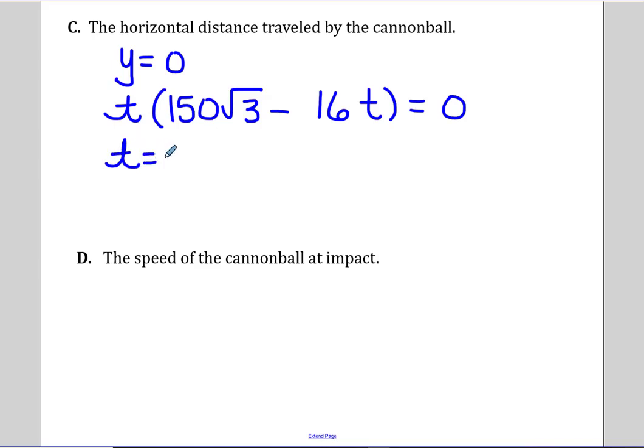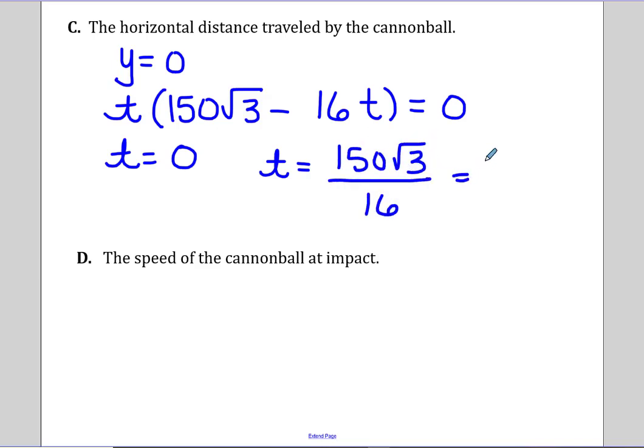So we would have time is 0 at 0, and then solving this one, we would have time is 150 radical 3 divided by 16, or 75 radical 3 divided by 8. So the first one doesn't really make sense. That's when it starts, and this is when it hits the ground.